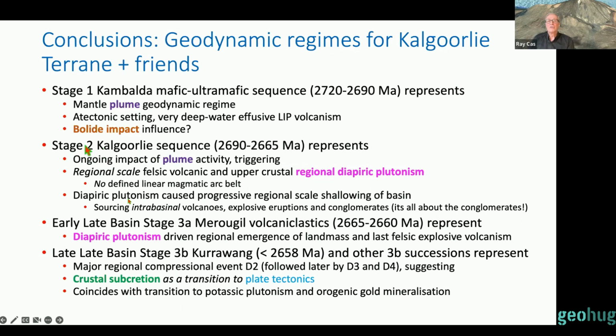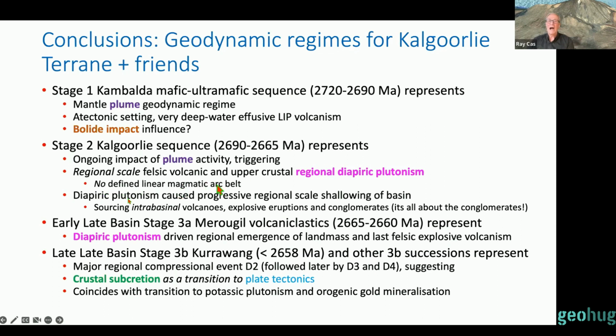When we go to stage 2, the felsic Kalgoorlie sequence, we think that there's an ongoing impact of plume activity, triggering large-scale felsic volcanism and also regionally extensive diapiric plutonism, which is represented in both the volcanics and the TTG plutons.